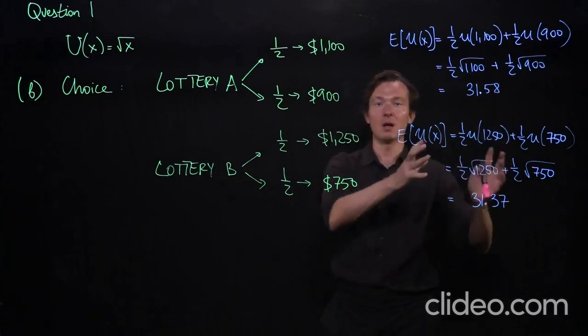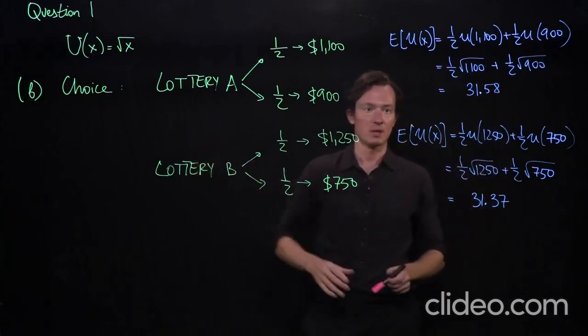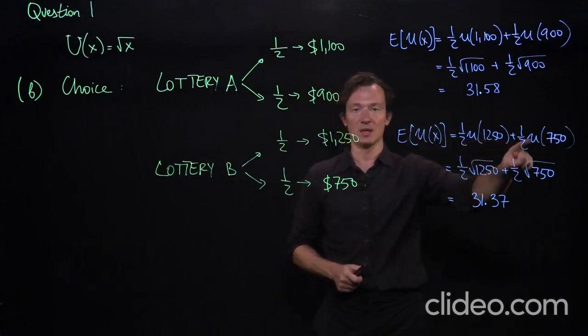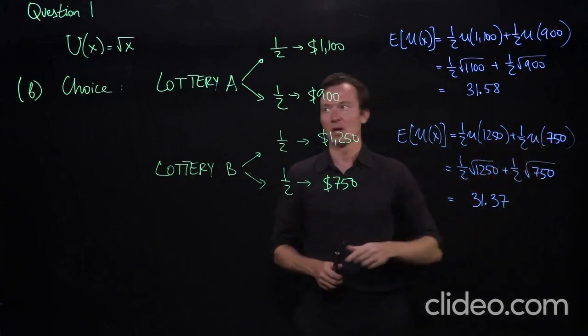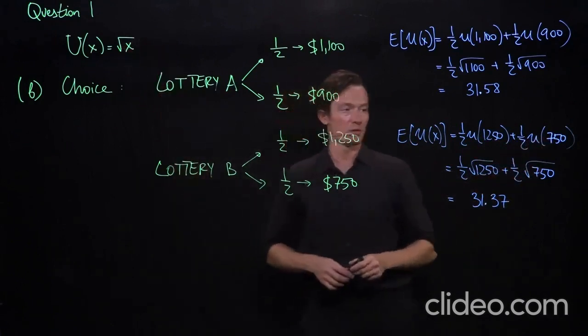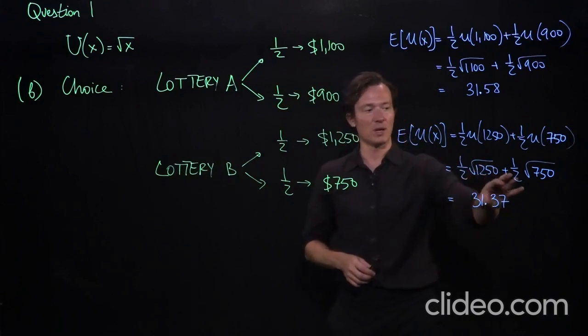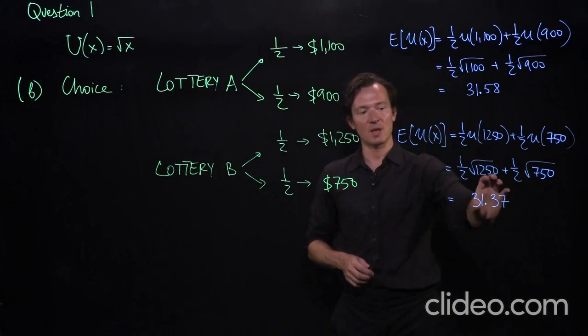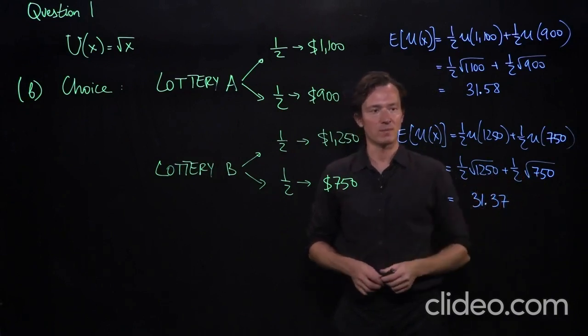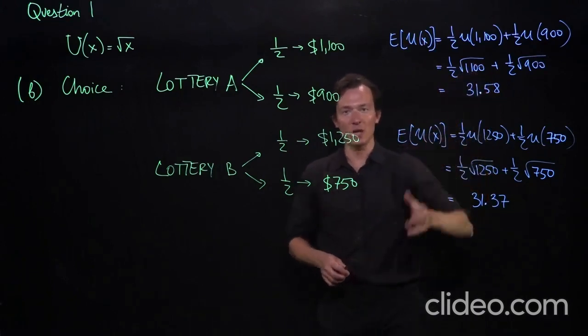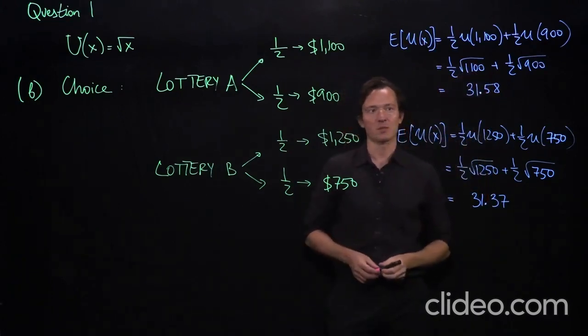Now let's do the same calculation for lottery B. The expected utility equals 1/2 the utility of $1,250 plus the other half the utility of $750. The utility function again is the square root function. So it's 1/2 the square root of $1,250 plus 1/2 the square root of $750. That gives us 31.37.